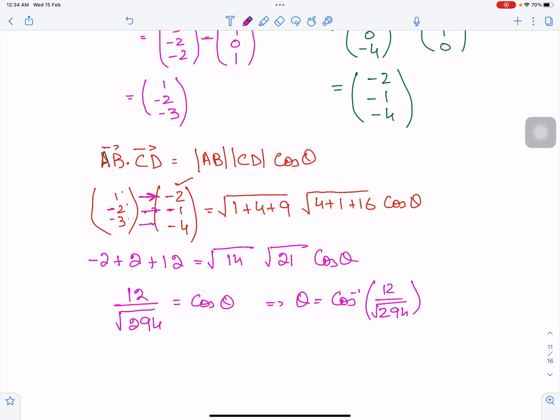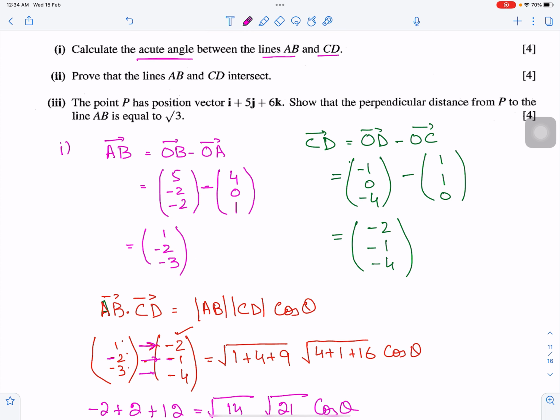You can also do it on the calculator: cos inverse of 12 divided by 294, and I got the value 45.6. So the angle is 45.6, and the question was asking for the acute angle, so we have found it.